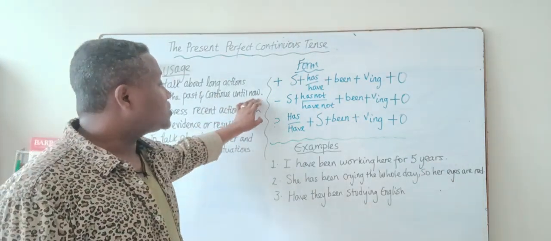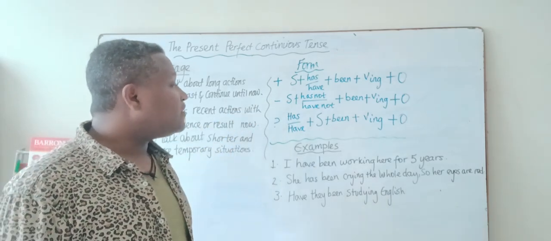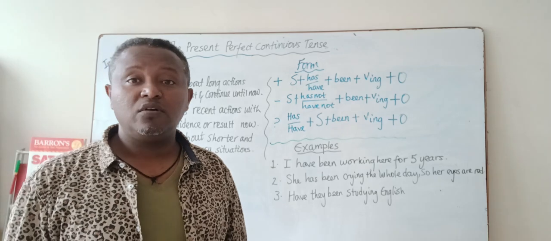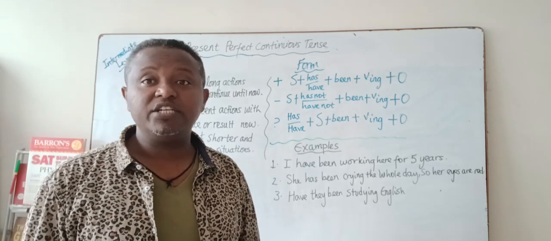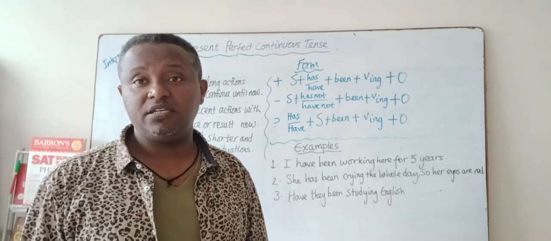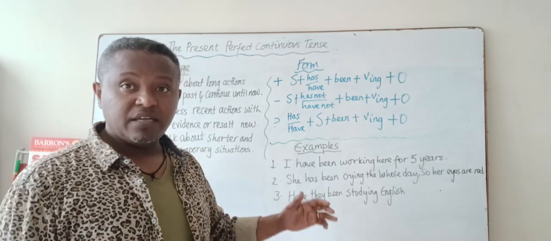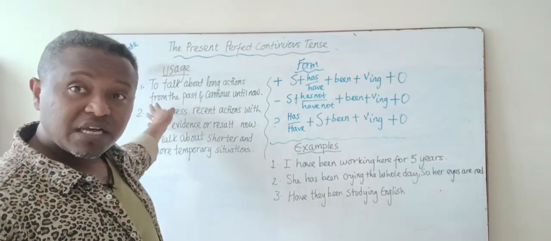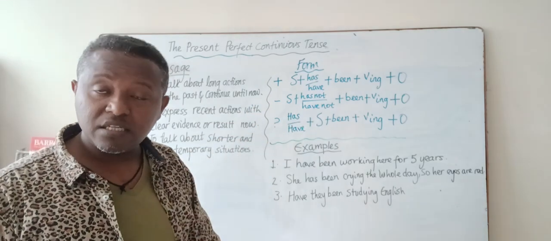For example, I have been working here for 5 years now. I have been teaching English for nearly 20 years now. You see, it is a long action that started in the past and has continued until now.